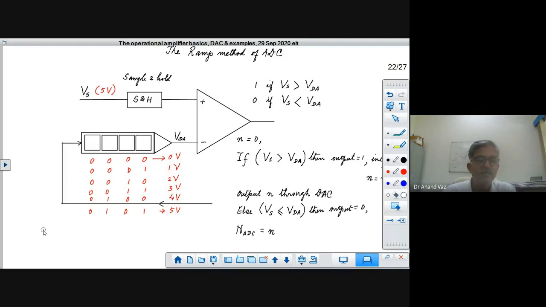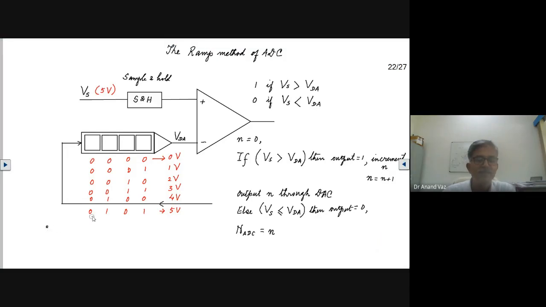So the disadvantage of this method is that it will take a variable number of steps for the conversion. This is a drawback, and naturally, we are not going to have a uniform number of steps for a particular conversion.